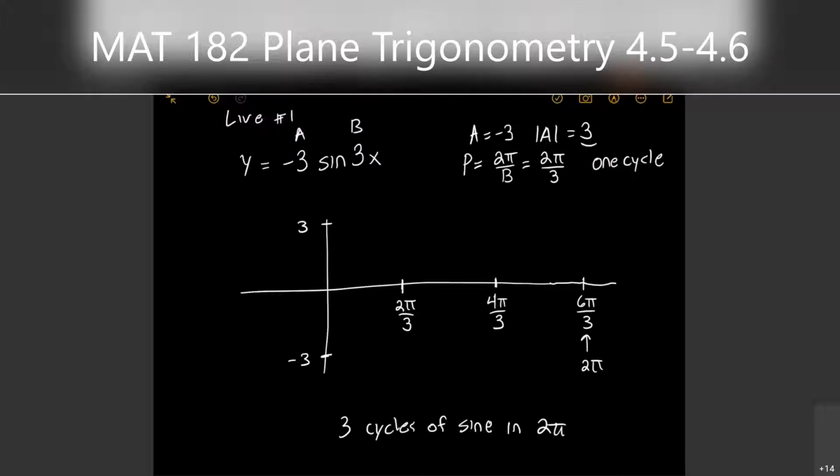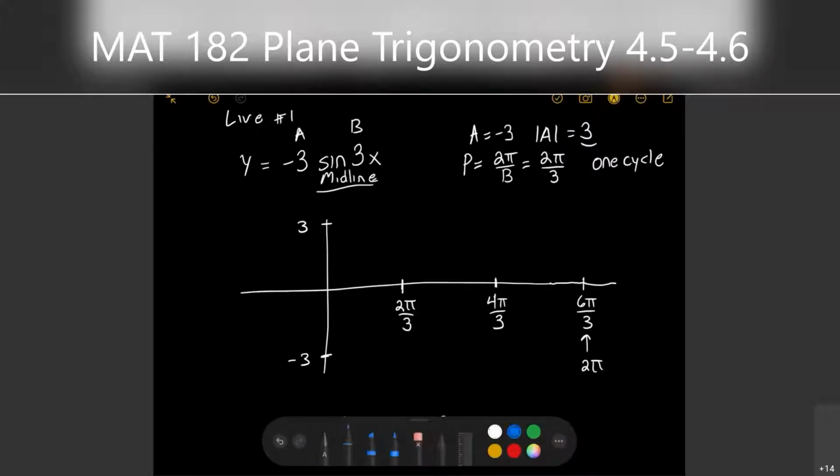So since we're going to be graphing this on the computer, I won't take a whole lot of time, but I will give kind of our shape here. Remember that our sine function starts at our midline. In this case, the midline has to be 0. We haven't moved that midline. So when I go to graph this, we always start at the midline.